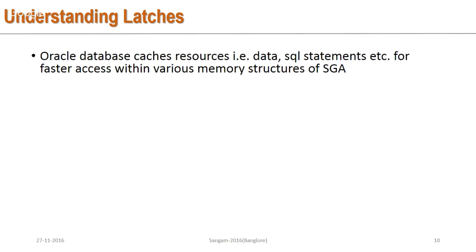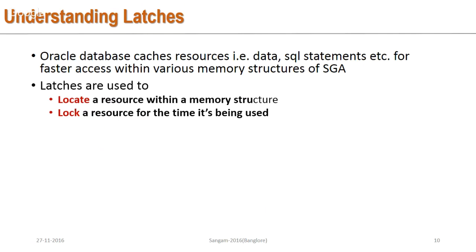So we just mentioned a term called latch. So just briefly to put that, latches basically are low-level serialization processes, and their basic use actually is to give two basic benefits to the user. It's going to be for locating a resource which is available in one of the memory components in the database server, and the second part is once the resource is located, to lock the resource till the time it is not marked as not useful to the particular requester.